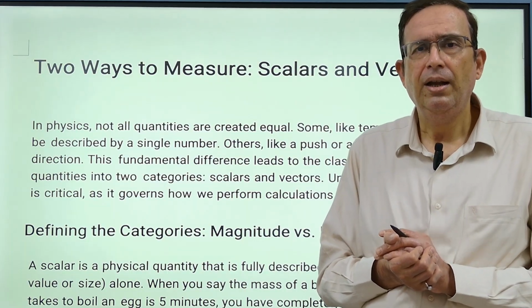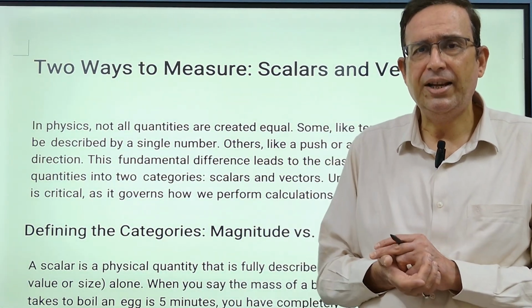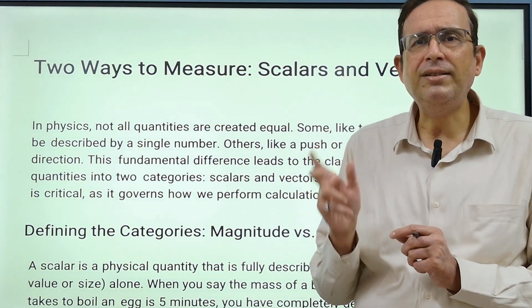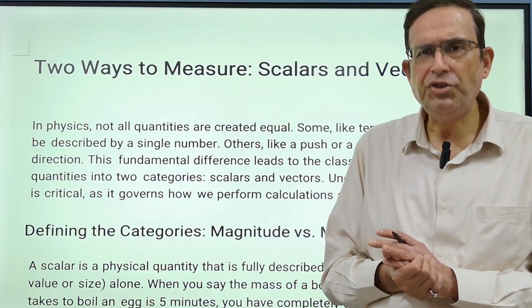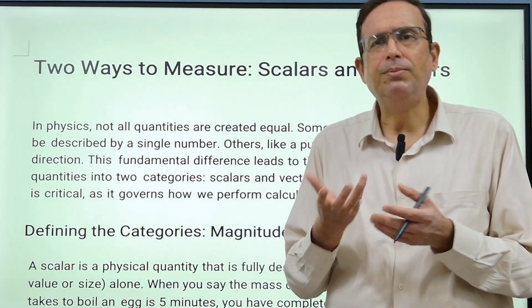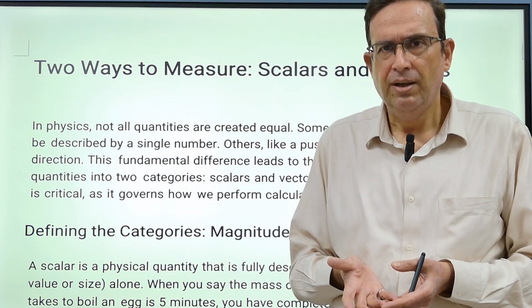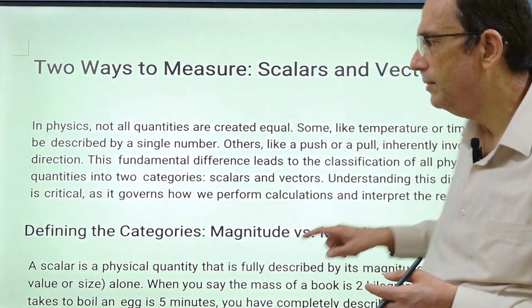Similarly, the velocity, that is the object moving in a certain direction. Not only what is the speed of that object, but also the direction of that motion is very important. So velocity contains both the speed as well as direction. So velocity is a vector quantity.